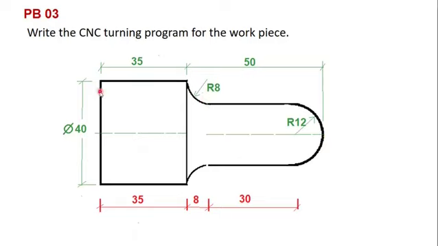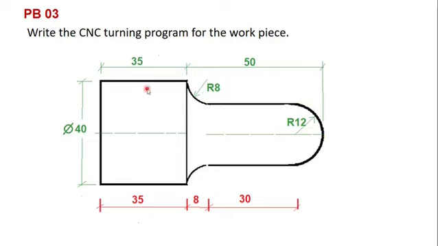The part is given with one side dia 40 and length 35, and the other side length is 50, where the diameter is 24. I have to make a fillet of R8, and this one a complete fillet of R12.